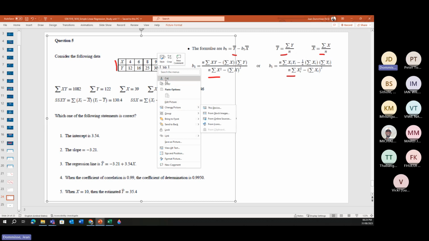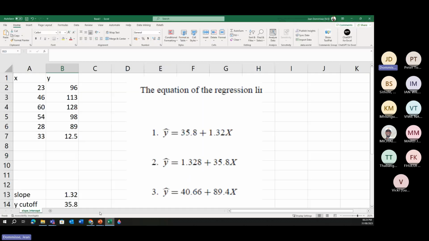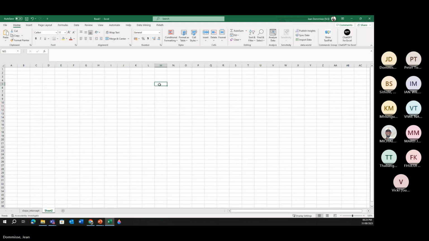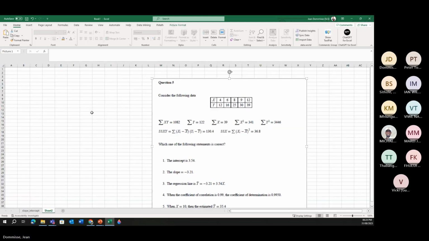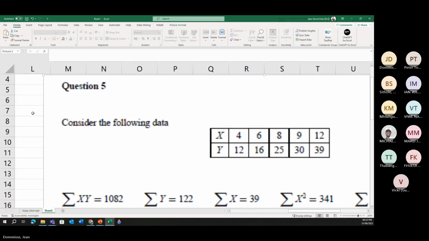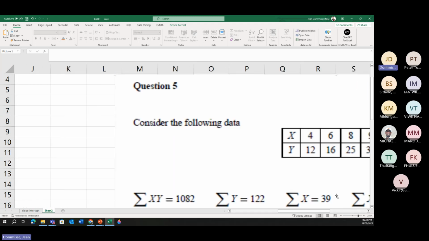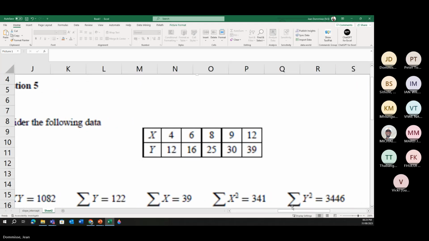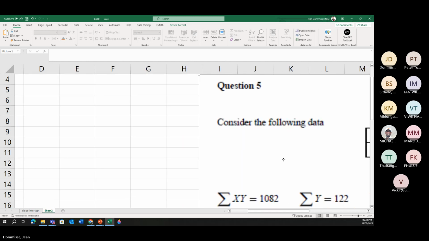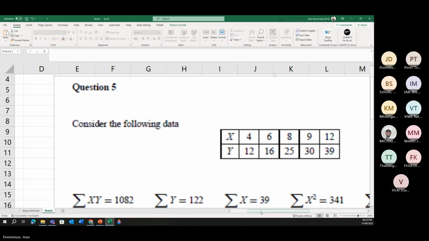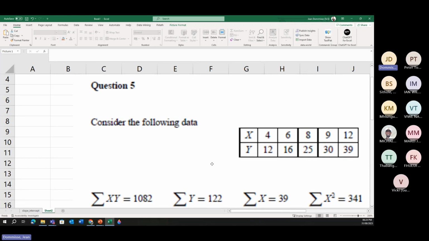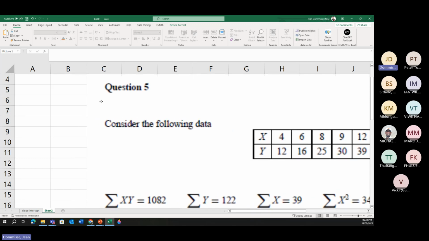what I would have done, so let's just put it into another spreadsheet. And let's just make it a bit bigger again. And let's just look at the data points.